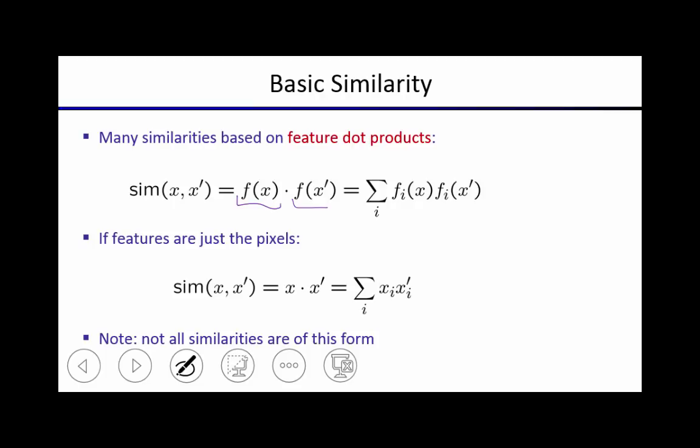It's a very natural thing to do. Now you have flexibility in terms of choosing the features. You choose your features as the things that matter about these examples, and then this will be a meaningful measure. A simplified scenario is where the features are just the pixels and f of x equals x. It doesn't have to be this particular form, but this is one form you could use.